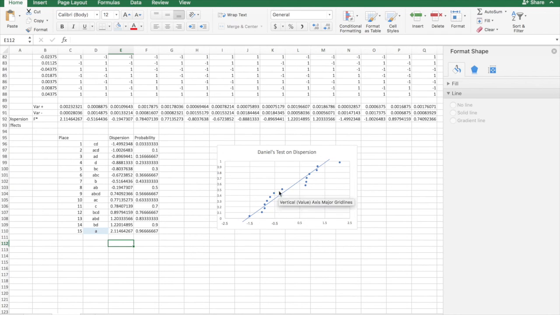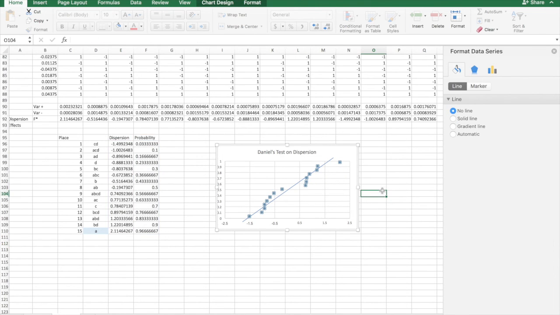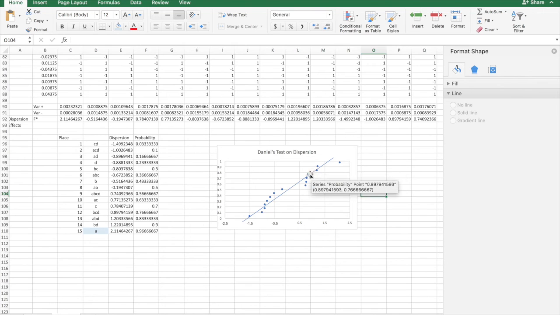Then we can look at other points that are not exactly on the line. For example, this point has to be 1, 2, 3, 4, 5, 6, 7. So 1, 5, 6, 7. It's A, B, C, D, but controlling dispersion with four factors is really complicated.